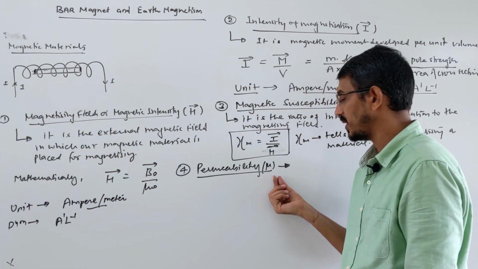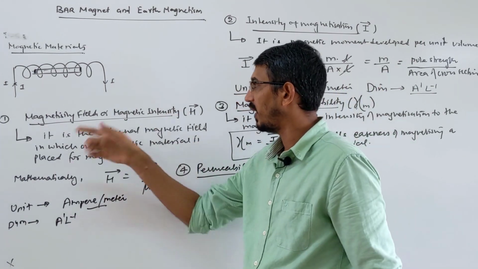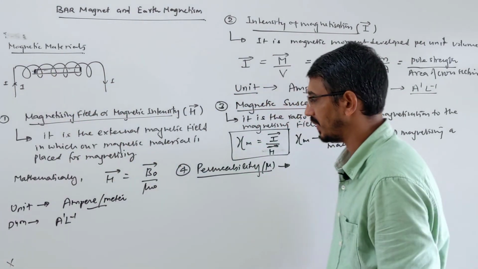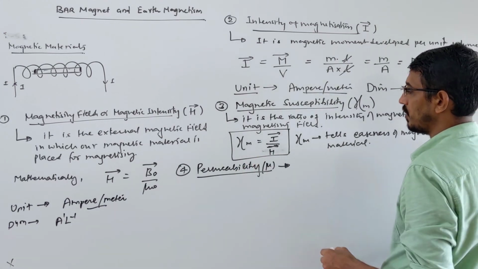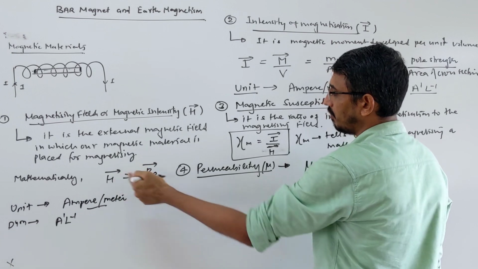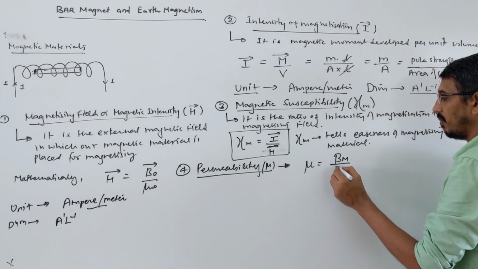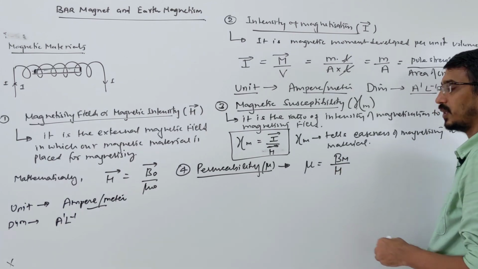That is told by this number. If this number is big, more magnetic field lines are entering that material. So the definition is: mu is simply equal to B by H, the magnetic field in that material divided by H. This is your mu.